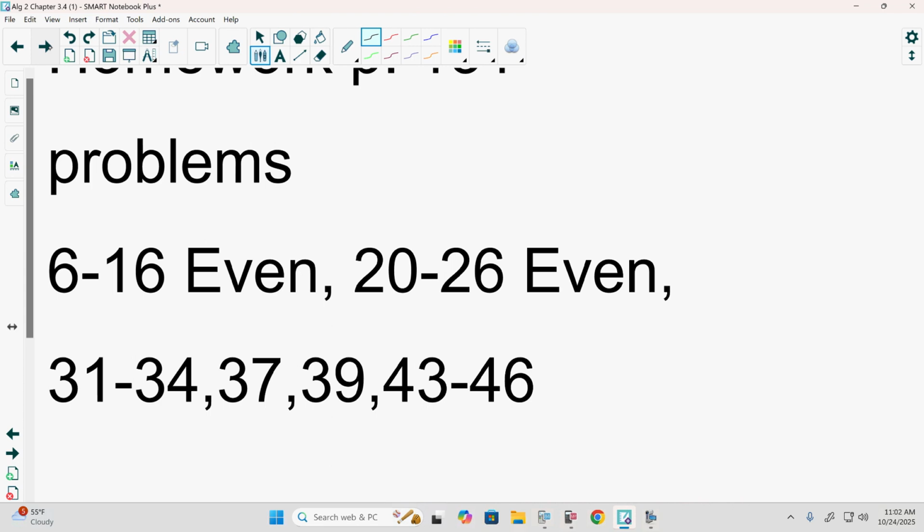Now the homework is 6 through 16 even. So 6 through 16 even, you want to evaluate each of those expressions. We want to simplify them as far as possible. And we want to leave our answer in simplest radical form. So you might have to use a combination of the TI-30XS and the graphing calculator to simplify some of those. Because if it simplifies nicely, then the graphing calculator will do it.